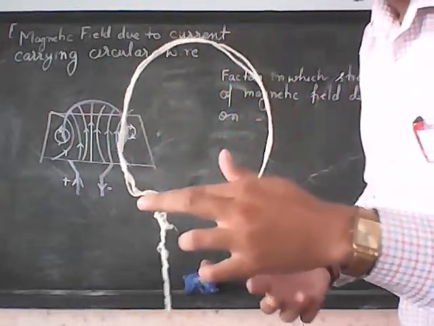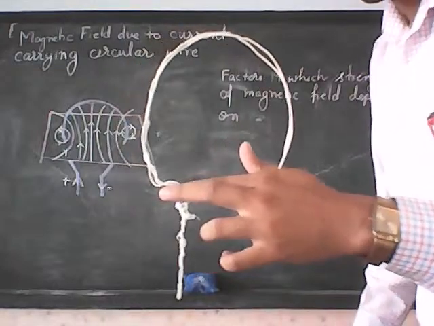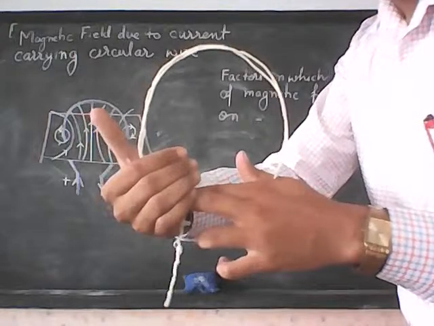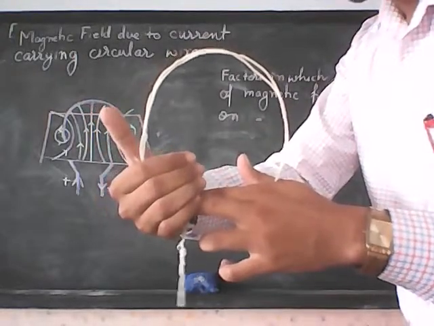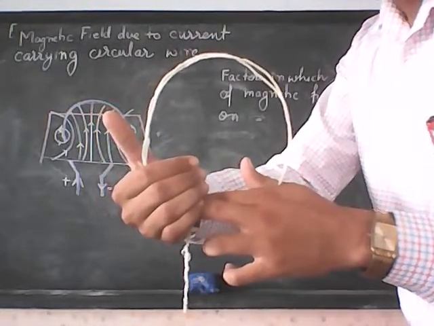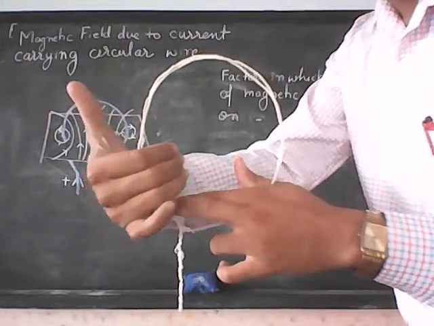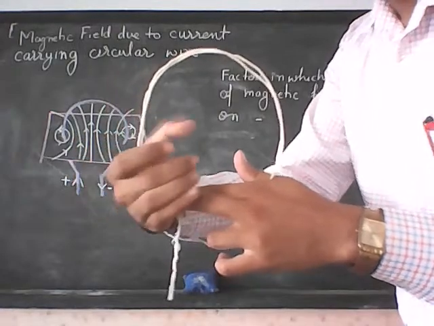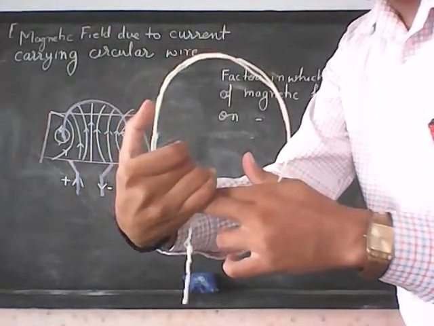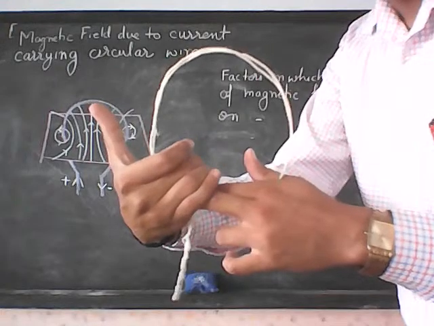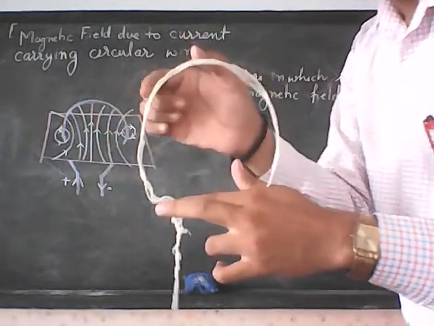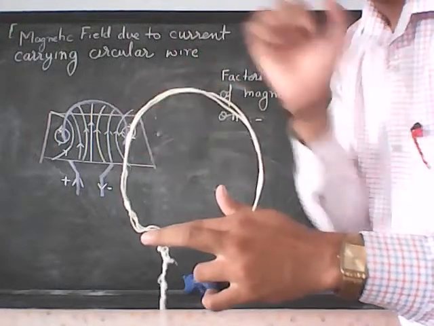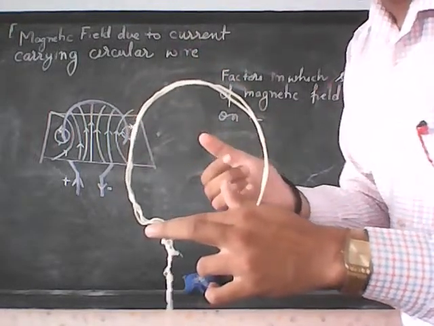What does the right hand thumb rule tell here? You can see my thumb is showing the direction of current. What will be the direction of magnetic field here? This will be a circular form, meaning a kind of loop. When you see this section or part of the wire, where will be the direction of magnetic field?